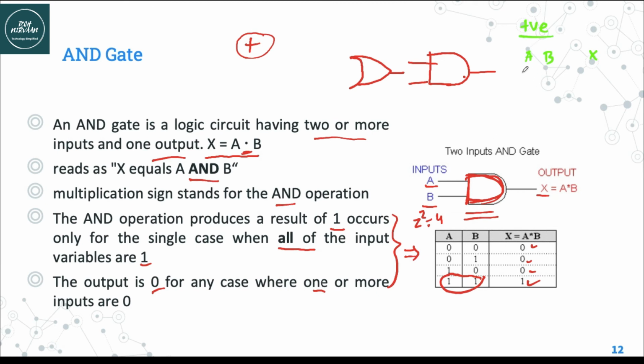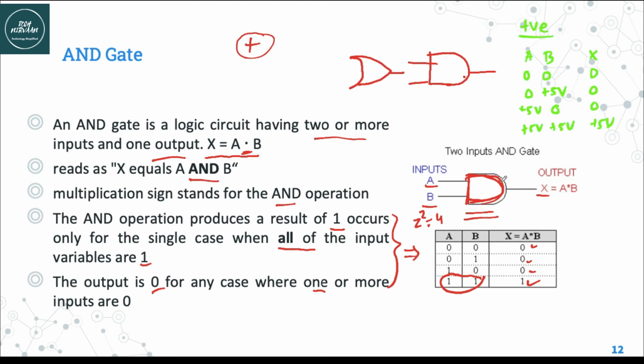So our inputs are 0, 0 means 0 volt, 0 volt, 0 volt, plus 5 volt, plus 5 volt, 0 volt and plus 5 volt, plus 5 volt. This is positive logic system. In case of positive logic system, 0 volt is 0 and plus 5 volt is 1. So here 0, 0, 0 volt and plus 5 volt.